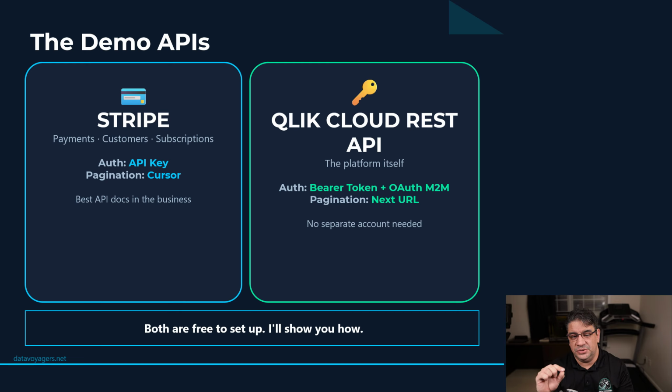Okay, so those are very good ones, and are free. Qlik Cloud is not free, but since you have it already, it's a good one to use, and also you can extend your Qlik Cloud knowledge consuming the Qlik Cloud APIs.